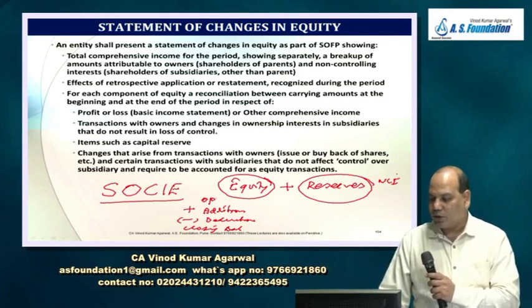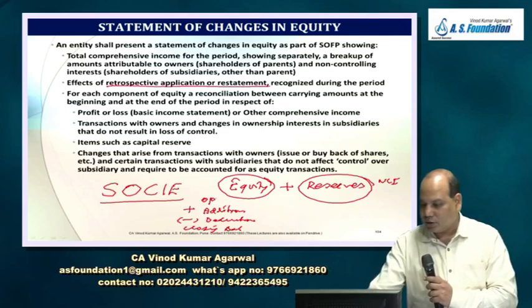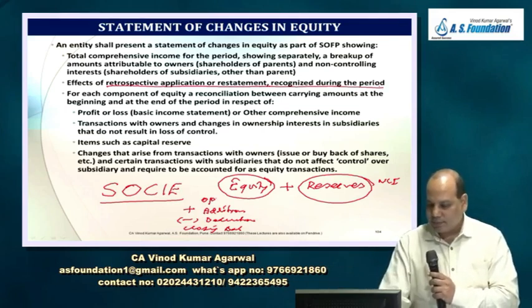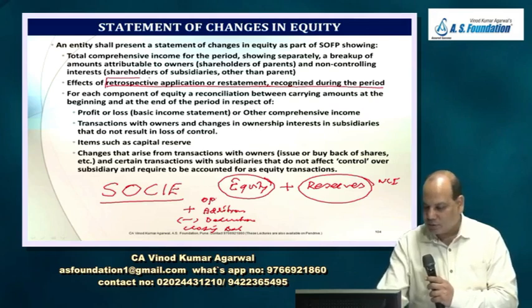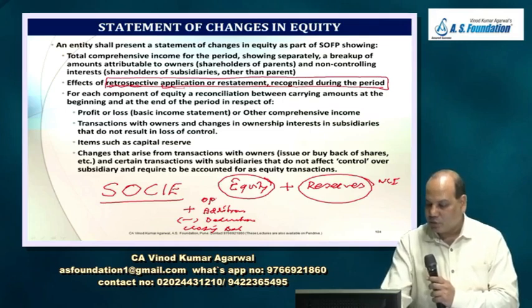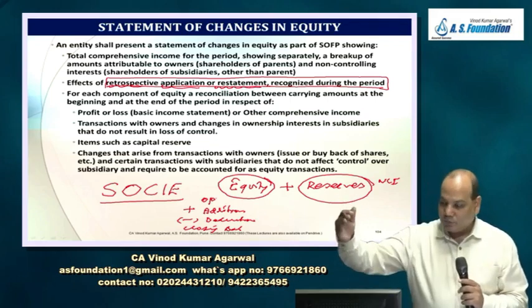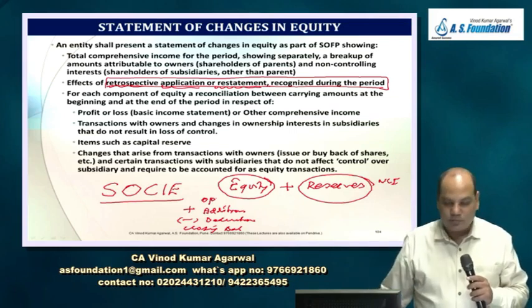Effect of retrospective application or restatement recognized during the period will be disclosed here. We'll see the format, you will understand better. We have seen in the beginning of this standard, if there is any retrospective application of accounting policy, retrospective restatement of an item, then the third balance sheet, or third SOFP, is prepared and the effect will be shown in the SOCIE.